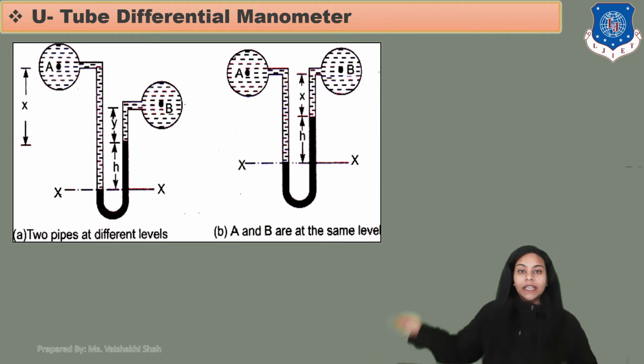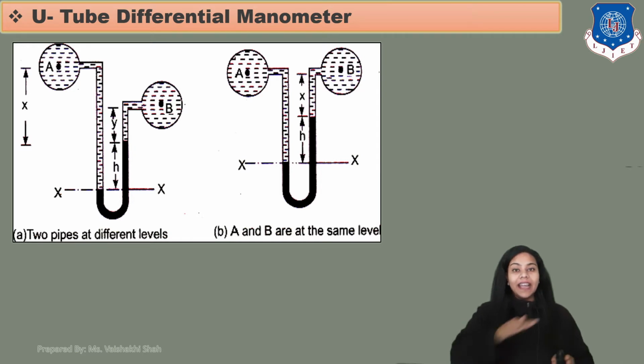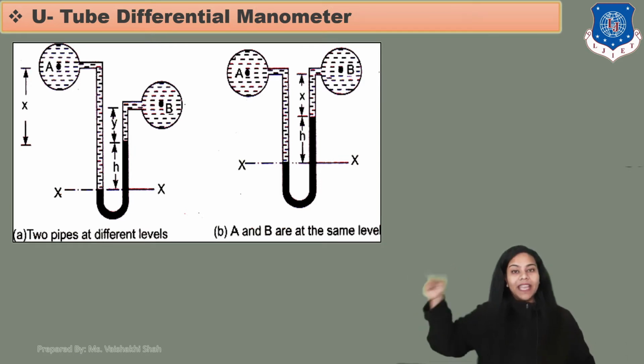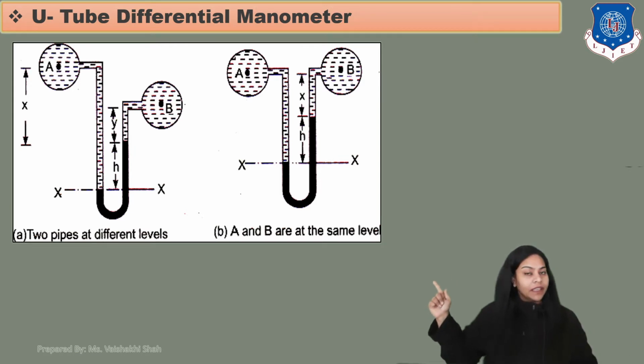In diagram number 2 we are also taking two pipes, pipe A and pipe B, but in figure number 2 the two pipes A and B are at the same level. Also, we connect a U-shaped glass tube between pipe A and pipe B. Clear?